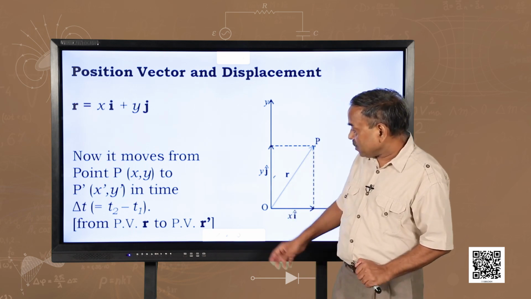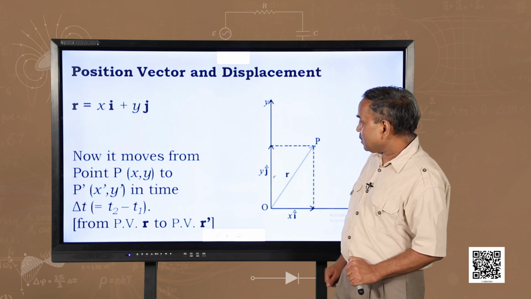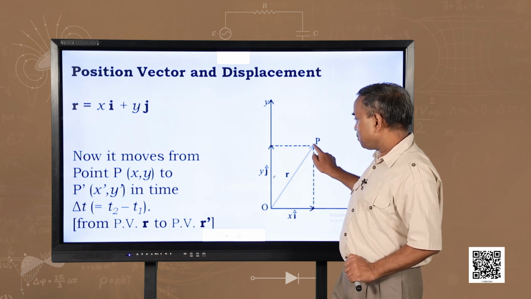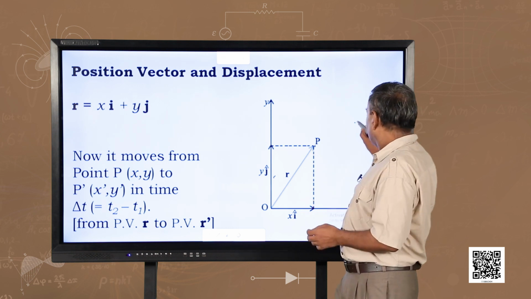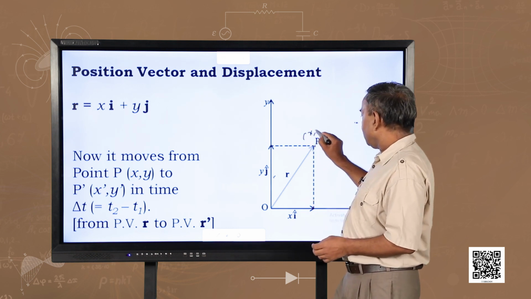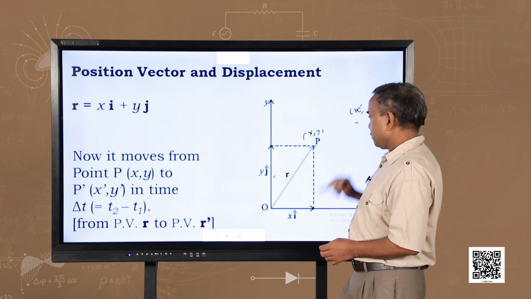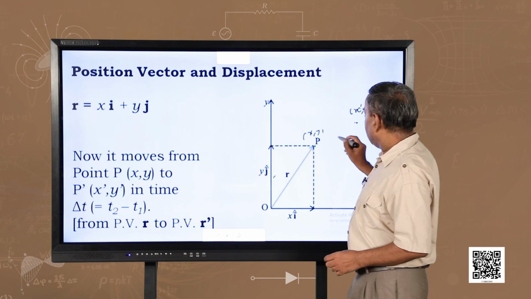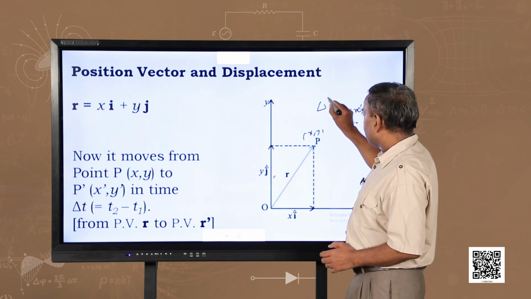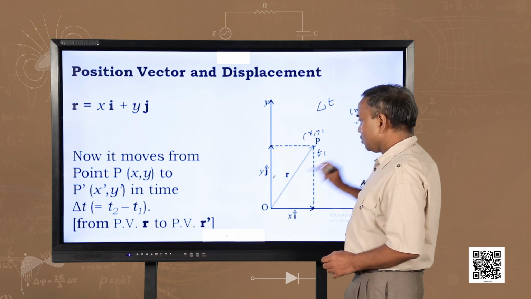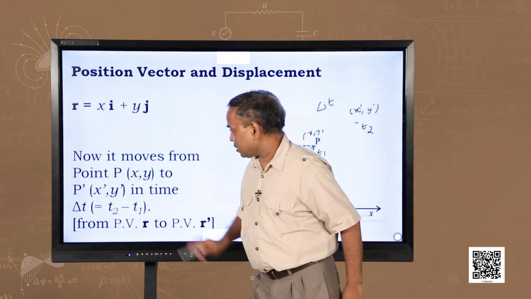Now, let us say this particle shifts from point P to point P dash. Its coordinates are x, y and then x dash, y dash, and it shifts in a time delta t. Let us say this was at time t1 and this is at time t2, so delta t is equal to t2 minus t1.